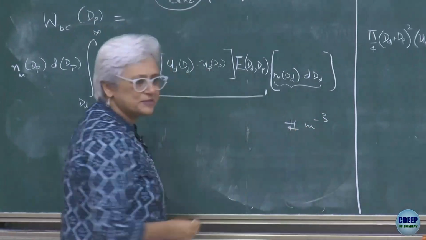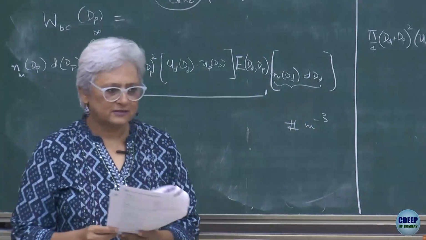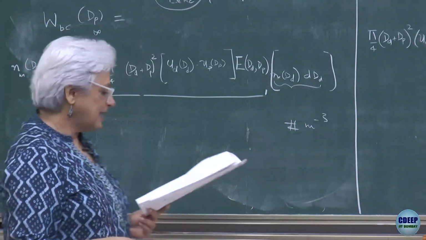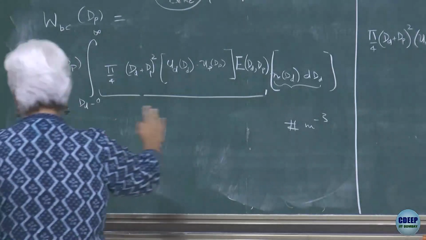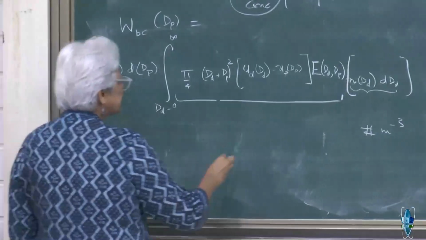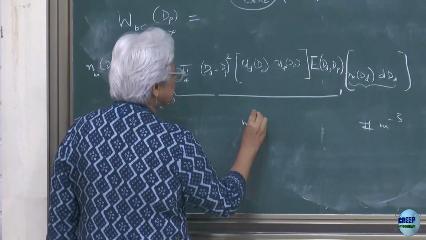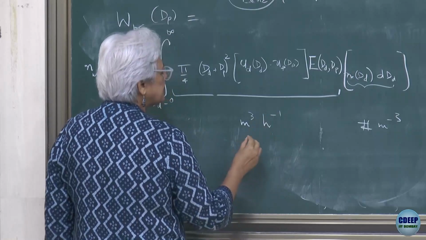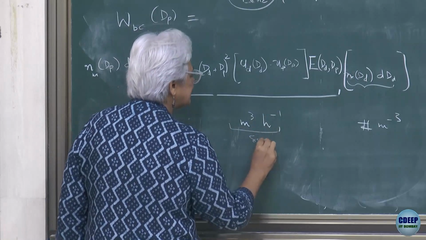This is number per meter cubed of drops, right? And this whole thing then is going to be a certain meter cubed of air, let us say per hour, that is actually swept clean.